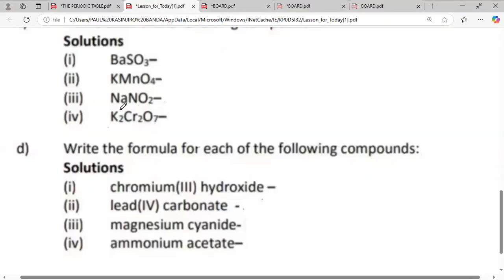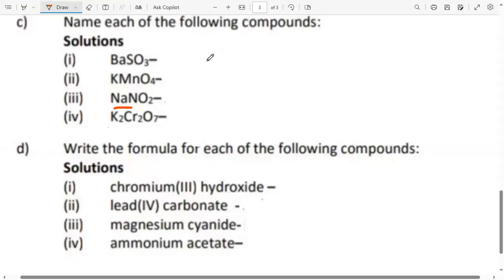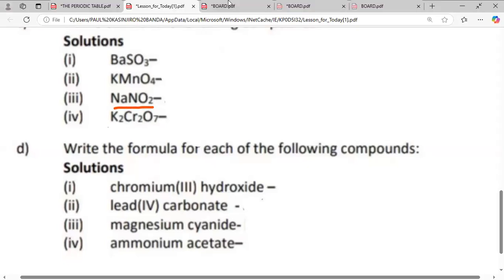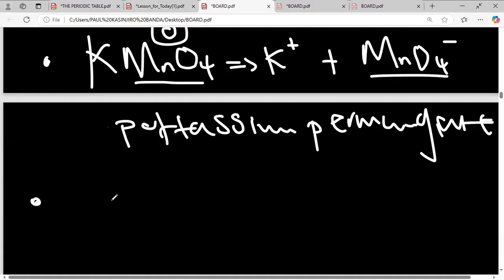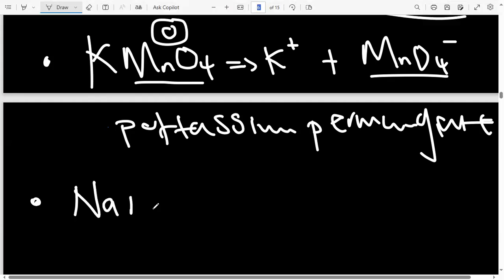It was what? So we have NaNO2. Na is a metal, and then NO2 comes from the radical. This radical here is what I said as the nitrite.